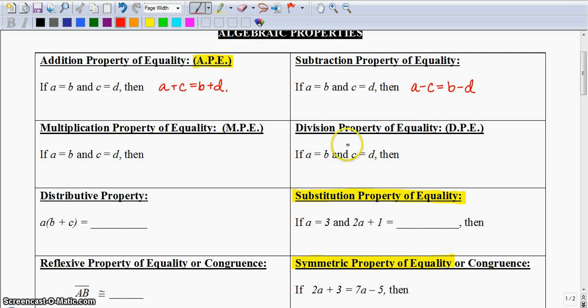Then we have multiplication and division. Multiplication, multiply both sides of the equation by the same quantity, the equation remains balanced. Division, same thing. Where C does not equal 0 because you don't want to divide by 0, or D is not equal to 0.